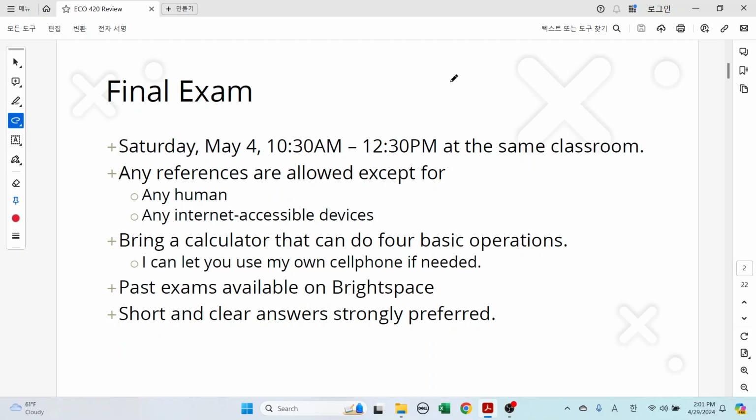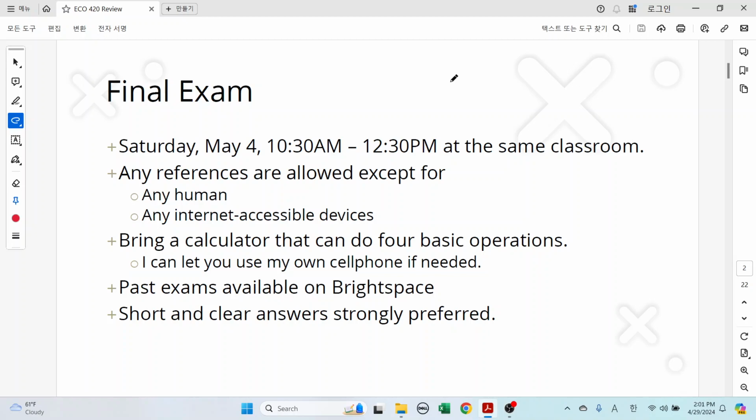Calculator is okay, but as you saw from the exams during the semester, you don't have anything special. So at most you can use a calculator to add and multiply things. That's all. So you just need a basic calculator with four functions, right? Addition, subtraction, multiplication, division is enough.